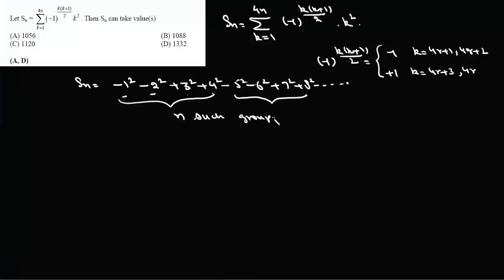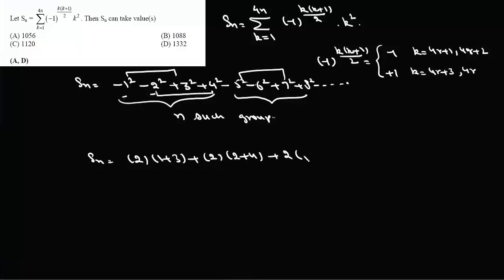Now what we'll do is, we'll take 1 and 3 together and 4 and 2 together. So we can write Sn. Now this is 3 square minus 1 square. So it'll be 3 minus 1, 2, and then 1 plus 3, plus 4 square minus 2 square. It'll be 4 minus 2, 2, and then 2 plus 4. In the same way, 7 square minus 5 square, 2 into 5 plus 7.